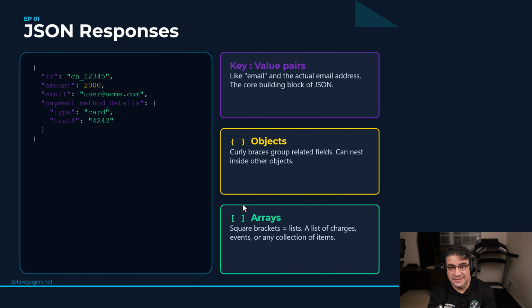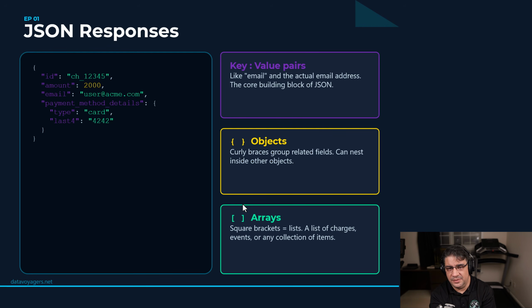But now the most common response is a JSON response. JSON has a very particular structure. If you're not familiar with JSON, I highly recommend studying JSON because it's common. You're going to need it at some point.